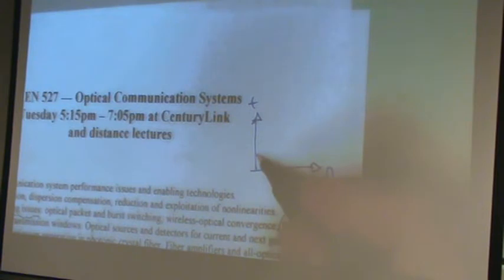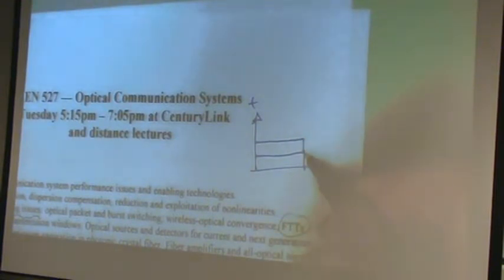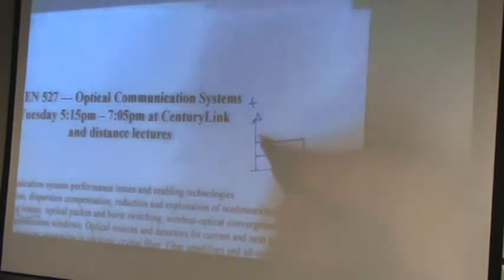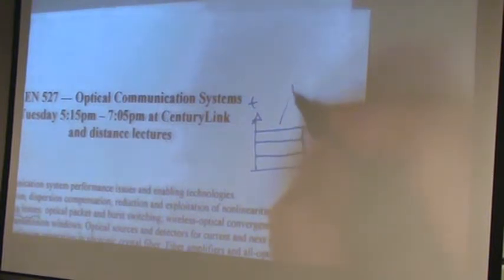So how do I want to share things? If I chop things up in time, and maybe this is my entire frequency bandwidth of the radio or the fiber or whatever the system is, I chop things up this way, then that's time division multiplexing.